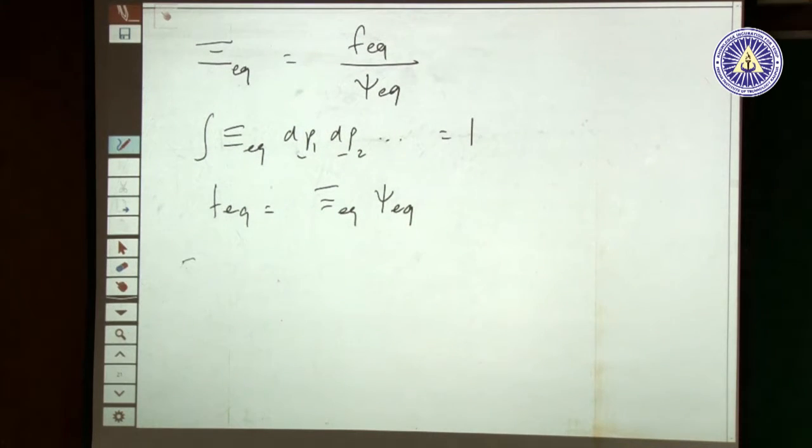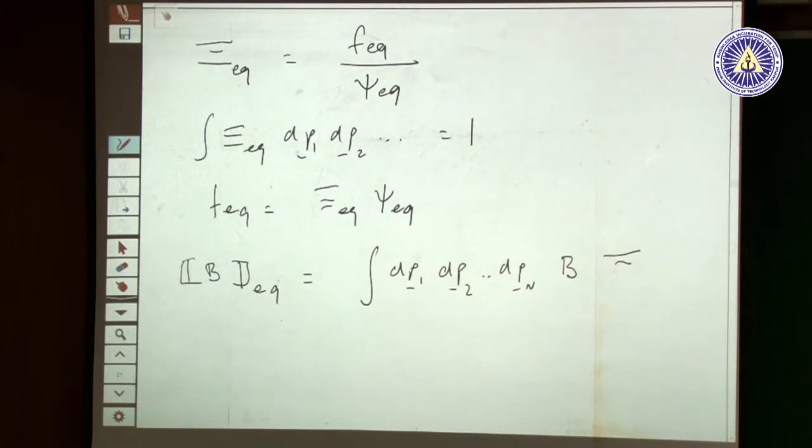And then if I have a quantity, okay, so let us first define a momentum space average as an integral, okay, that is when you only integrate out the momenta.